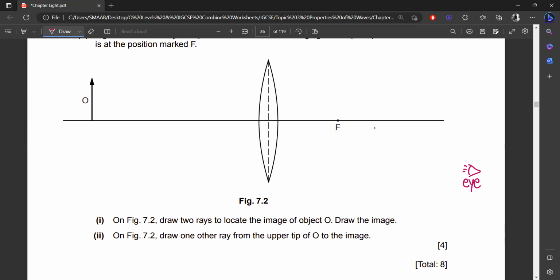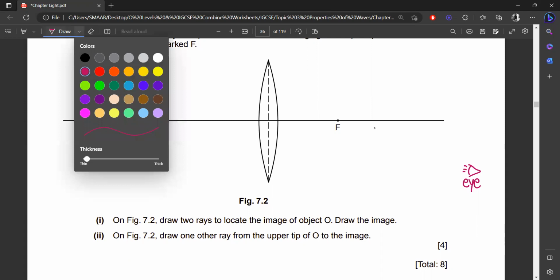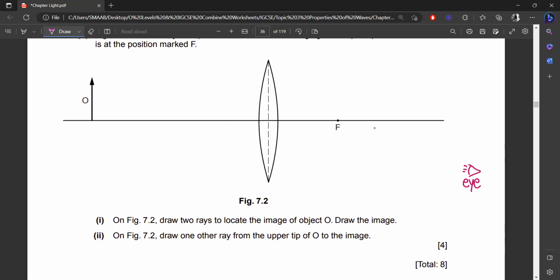Okay, so we know that we have to draw the first ray like this. So one ray will move parallel to the principal axis and it will pass through the principal focus, right?